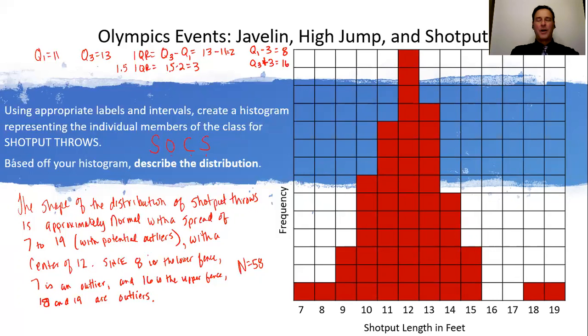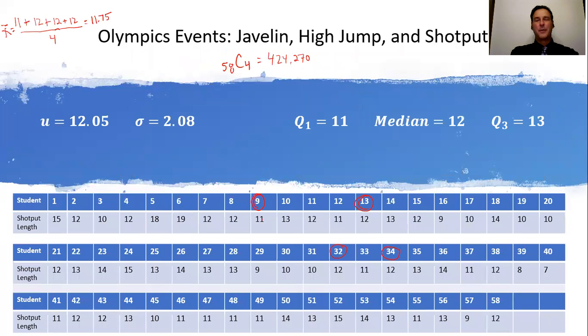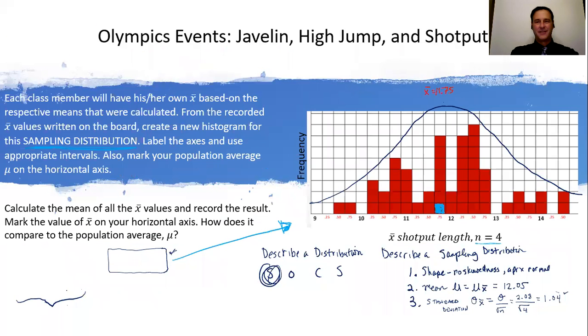However, when we did samples of size 4, when we increased our n, you can see it went from 9.5 as our lowest value to 14.5, and so that range dropped to about 5. So our variability, our spread, will decrease as our n gets a little bit bigger.